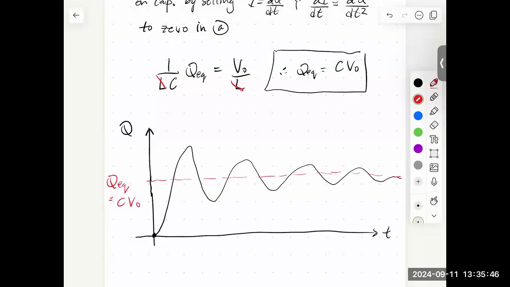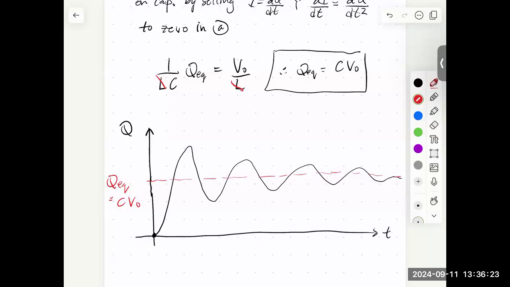Okay, and so if we knew this, we could take a derivative of this and deduce the current. And the current would also oscillate, right? Because the current is just the slope of this thing everywhere. It will be shifted in phase. What would the current be right here at this peak? 0. So wherever we have a peak or a minimum in our oscillation of the charge, that's where the current would be 0.